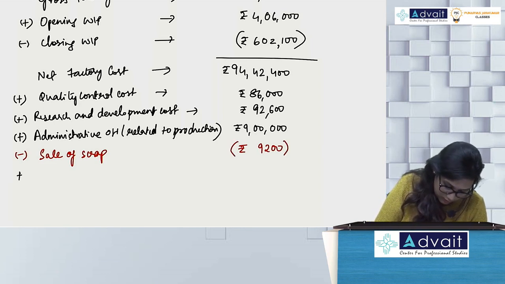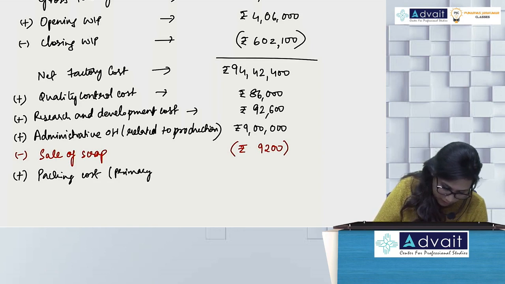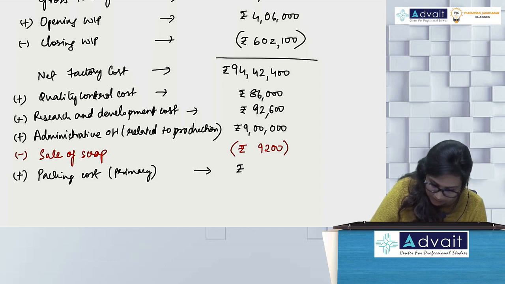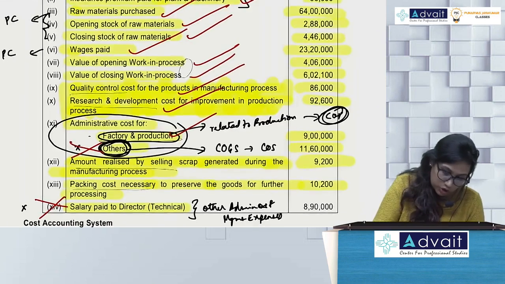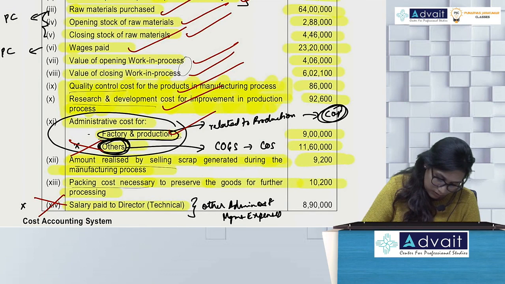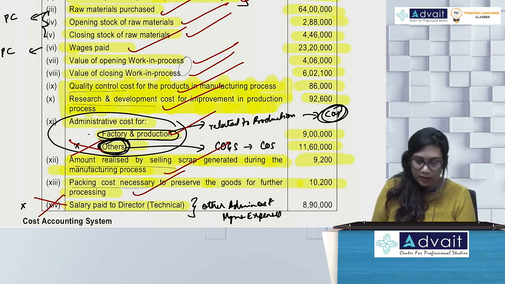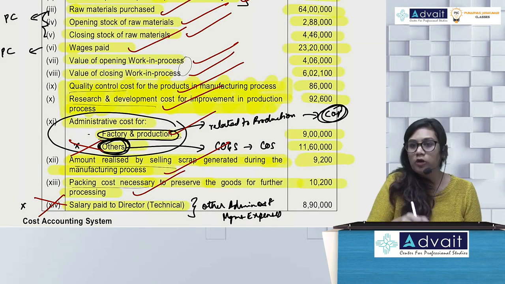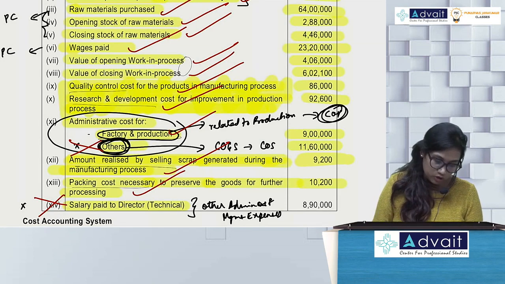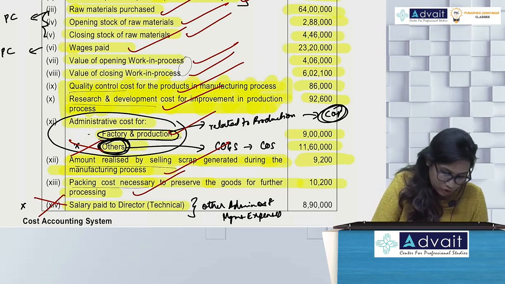And the last cost, which was packing cost, primary, which was 10,200. So this is done. Salary paid to director यहाँ आना नहीं है, because this is part of management expenses, which is not part of AOH related to production. So this will be kept outside cost of production.